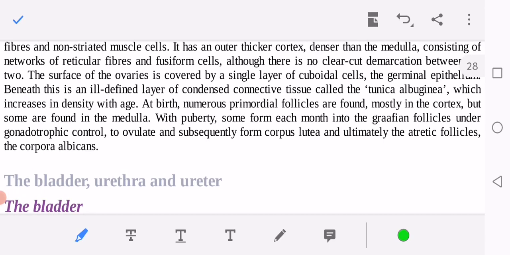At birth, numerous primordial follicles are found, mostly in the cortex, but some are found in the medulla. With puberty, some form each month into the Graafian follicle under gonadotrophic control and ovulate and subsequently form the corpus luteum and ultimately the atretic follicles, the corpora albicans.